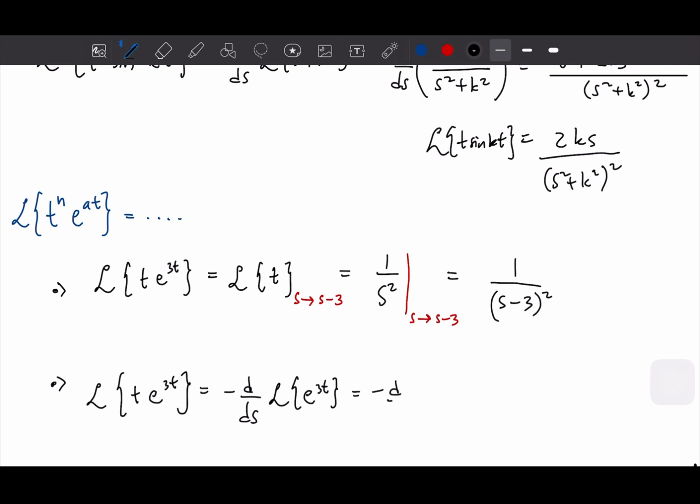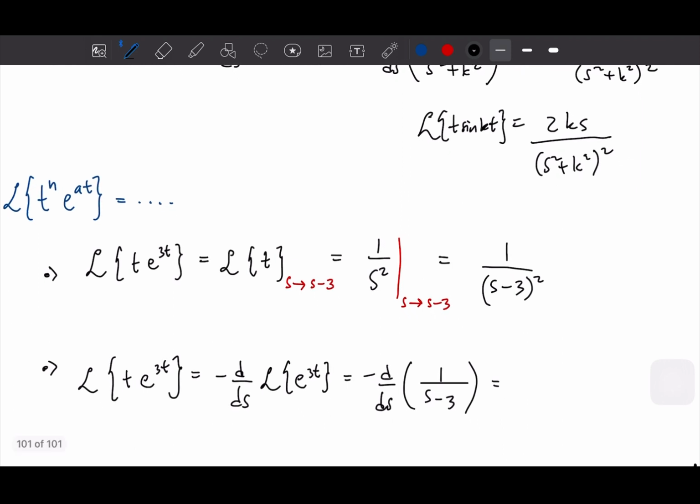So this is negative d/ds of 1 over s minus 3. 1 over s minus 3 we derive becoming negative 1 over s minus 3 squared, right? So this will be 1 over s minus 3 squared, the same result.